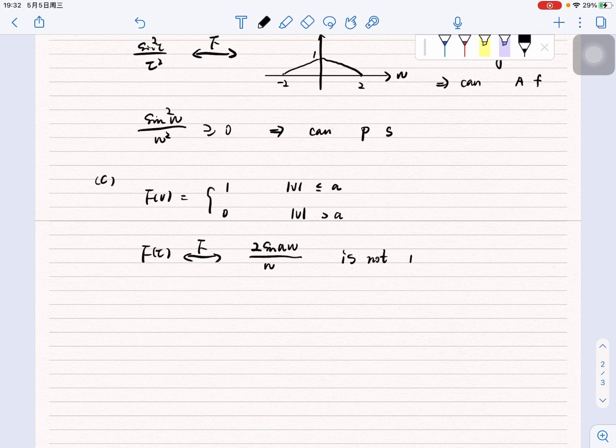It is not non-negative. Therefore, it cannot represent the autocorrelation function.